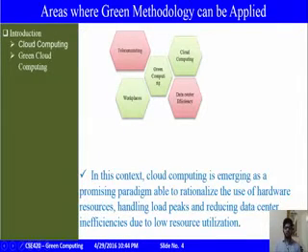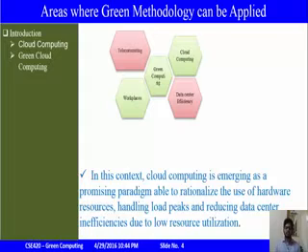Now we would like to touch upon the areas where green methodology can be applied. Green computing can very well be integrated with cloud computing, and also be used to enhance data center efficiency. Green computing can be clubbed with workplaces, and it is also applicable with telecommuting. Telecommuting is basically attending or interacting with something in a remote area without being physically present at that place.